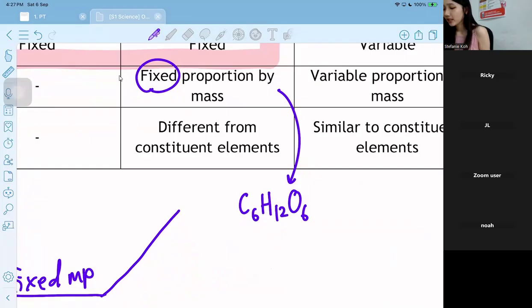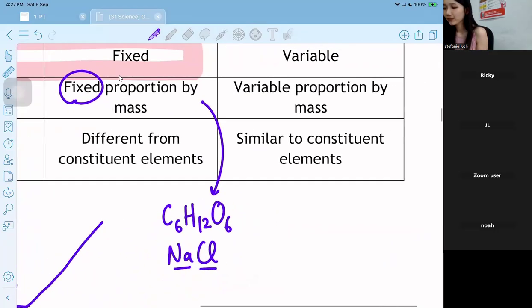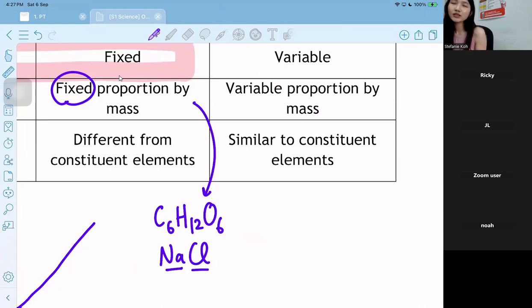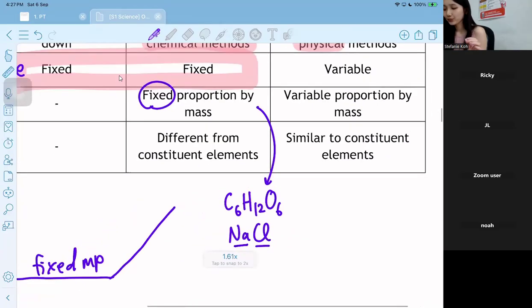Your table salt, sodium chloride, the one that you eat, also fixed number, 1:1 ratio. That's what they mean by fixed. Variable proportion, your Milo, you want to make it diluted, you want to make it super concentrated, up to how much you add in, right?